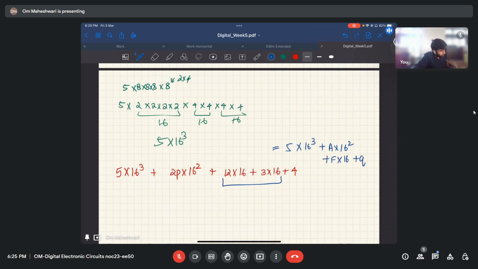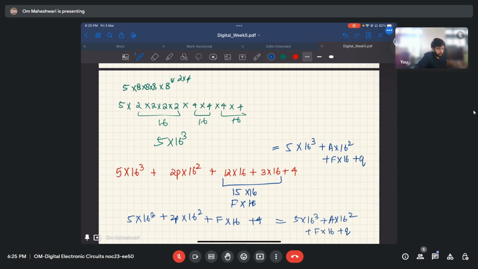So I can combine these two as 15 into 16, that is f into 16. So this side we have 5 into 16 cube plus 2p into 16 square plus f into 16 plus 4. And this side we have 5 into 16 cube plus a into 16 square plus f into 16 plus q.